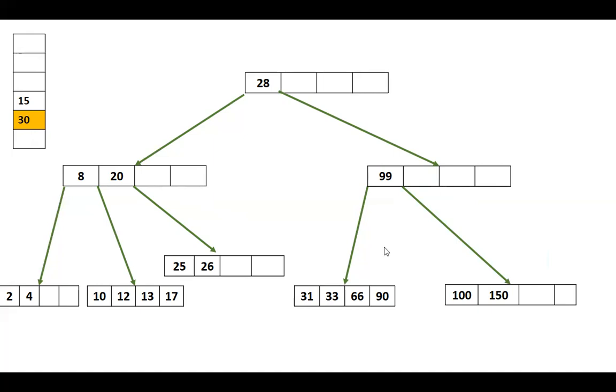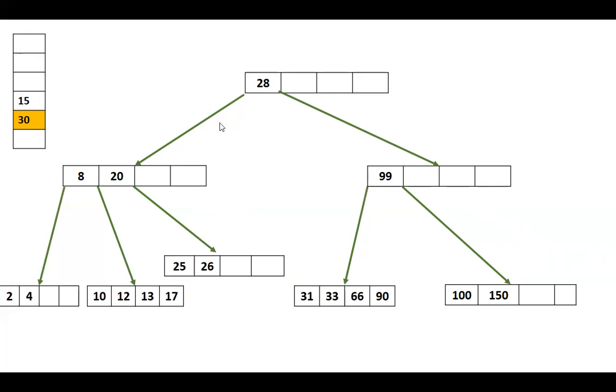Now the root node contains only 99, only one key, and this is an internal node which cannot contain fewer than m by 2 keys. So again you'll check if it can borrow a key from its left sibling, but the left sibling also has the minimum required. So the next option is to merge the nodes.